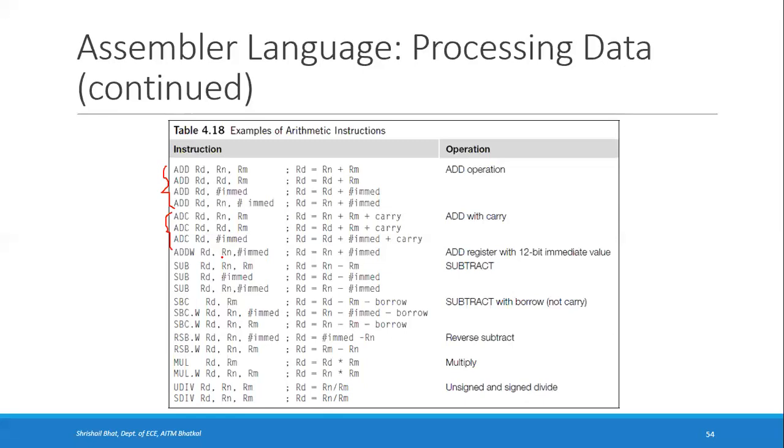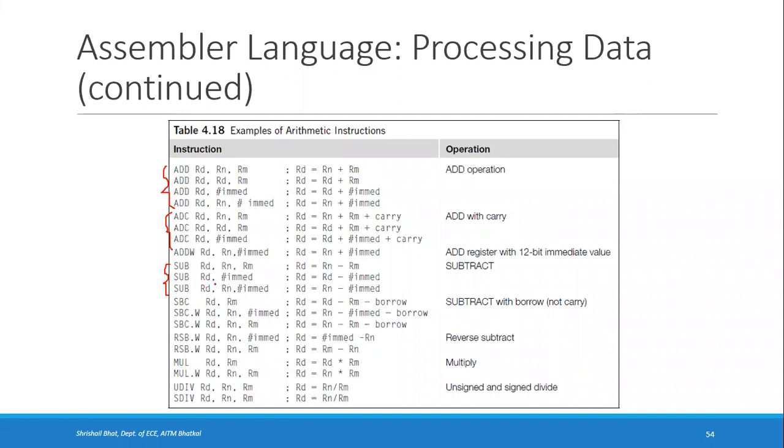Rn is added with the immediate data, which is 12-bit. ADDW means you're adding Rn with 12-bit immediate data and storing the result in Rd. Similarly, you have subtract instructions. Subtract is SUB. SUB Rd, Rn, Rm. What this will do is subtract Rm from Rn and store the result in Rd.